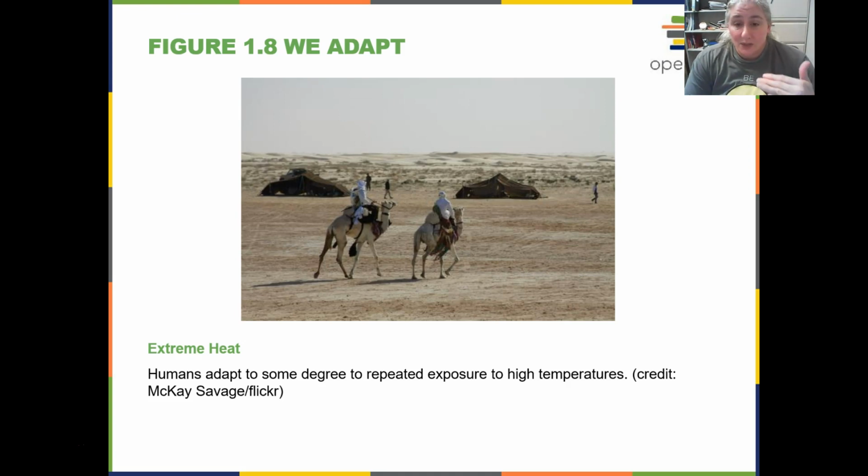when the temperature starts to cool off, we tend to put on more layers. When the temperature starts to get too hot, we take off layers. In this case, the temperature is extremely high, and so these individuals are covering themselves in a white layer. The white layer will reflect the sun so that it doesn't get absorbed as easily.